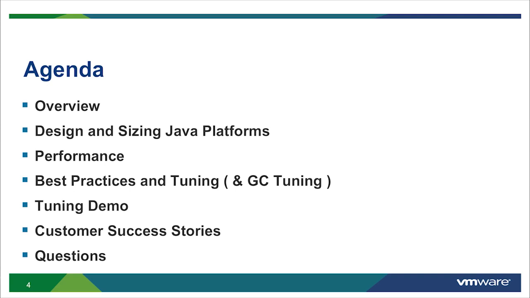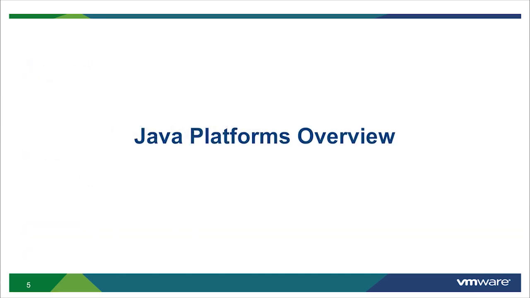Again, we'll switch to the demo, and then if we get time, we'll show you a couple customer case studies, and then we'll open up to questions. I take questions throughout. You can ask as many questions as you want, so feel free. With that, let's begin with the overview of Java platforms.